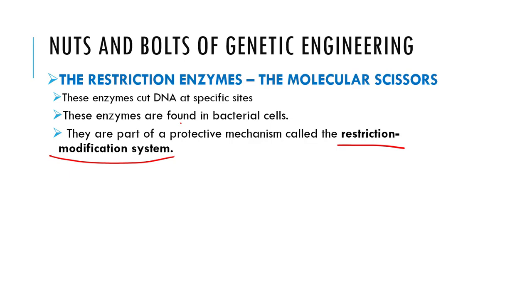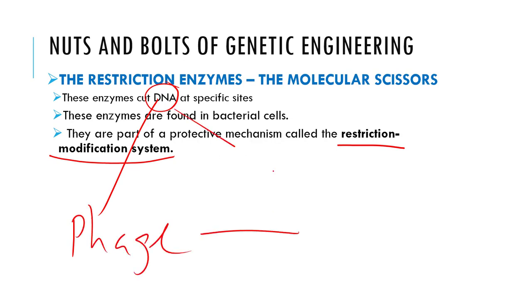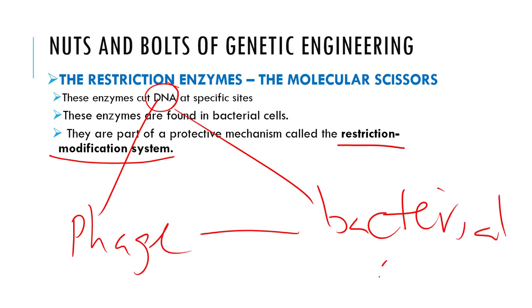Because if it can cut the DNA of a phage, it can cut the DNA of the bacterial cell, which is its own DNA. So to protect its own DNA, bacteria have a restriction and modification system.